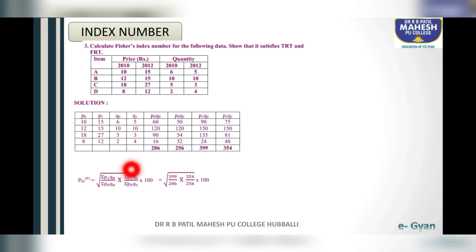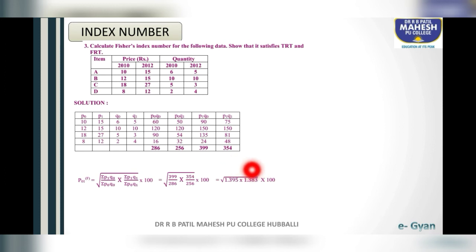Summation P0 Q1 total is 256. Right here 256. Okay, students. After solving this, 399 divided by 286 is 1.395. 354 divided by 256 is 1.383.